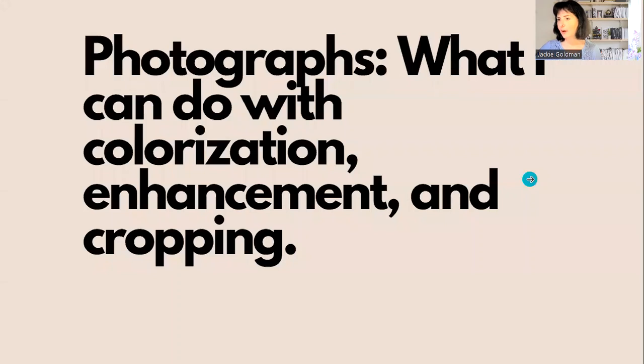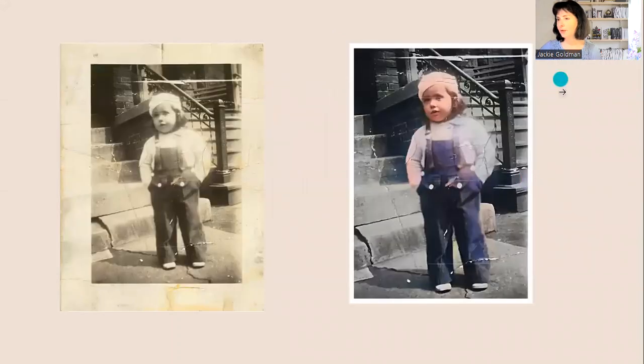So now we're going to go over a little bit of what I can do with photographs. Here are some things that I can do with photographs. This client was kind enough to allow me to share her photos. She did this on the eve of her 90th birthday. And this is a photograph that was taken probably 85 years ago.